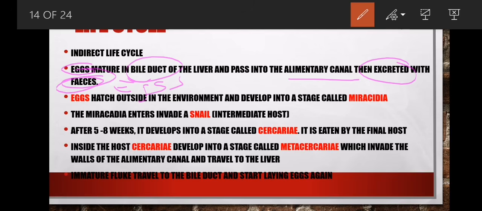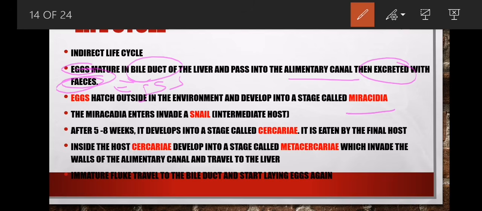What happens to the eggs? Now the eggs will then hatch. Mostly they hatch easily if the environment is what? Is wet. They hatch to form what? A miracidia. From the miracidia, it will go and invade or enter what? A snail.